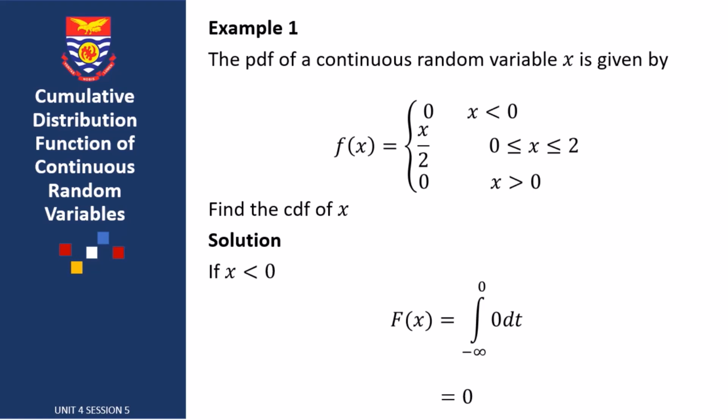We have to find the CDF, cumulative distribution function, of X. Solution. Remember, if x is less than 0, it means that we are integrating from negative infinity to 0. The function given here is 0, so integrating 0, we will still have 0.